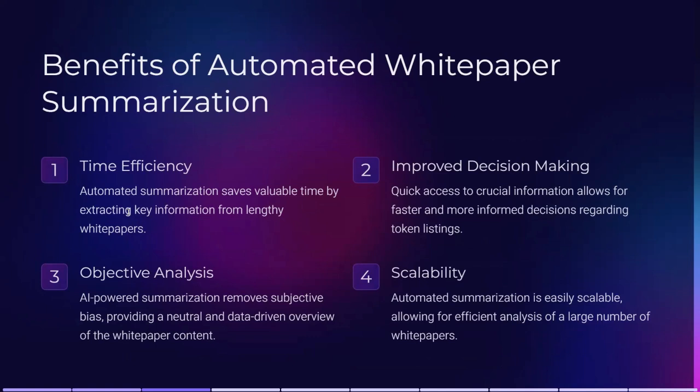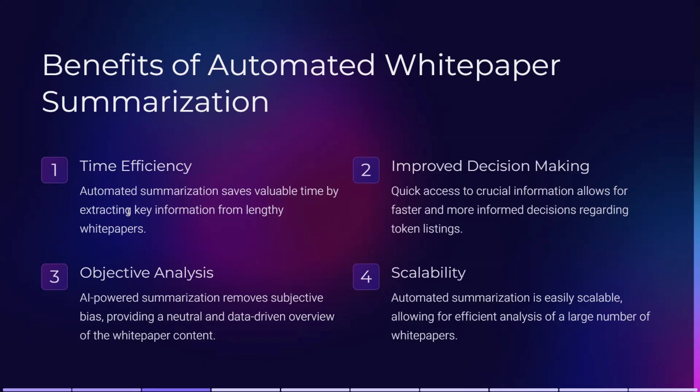First thing is time efficiency. Automated summarization does help to save a lot of time by helping us extract the key information that we need from all these very lengthy white papers.